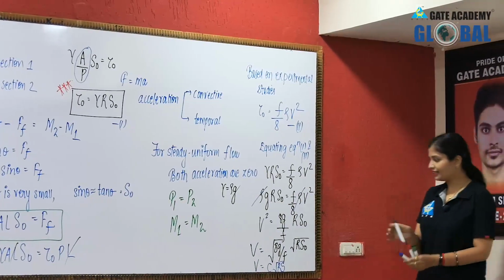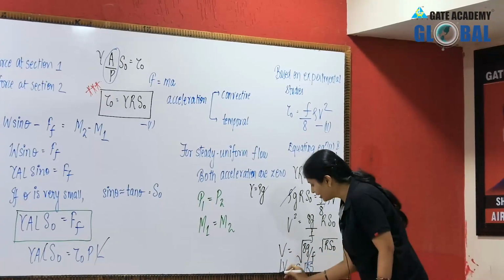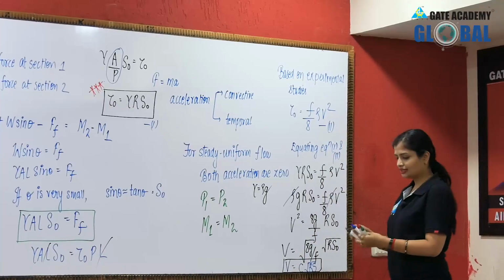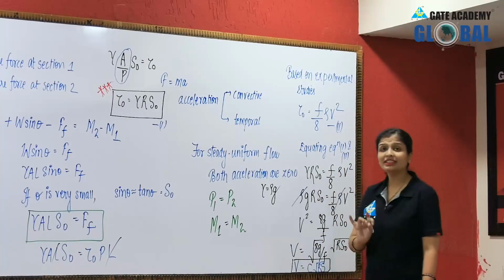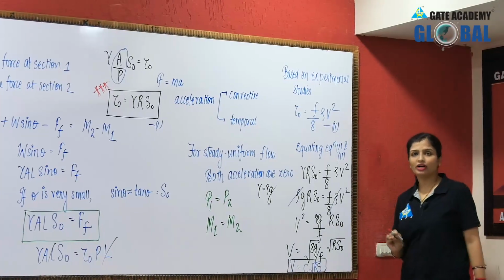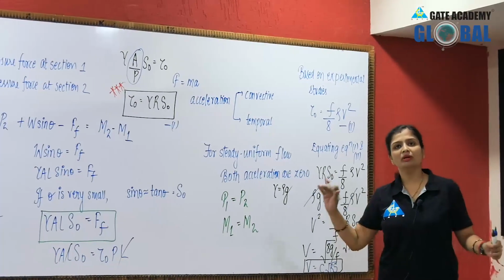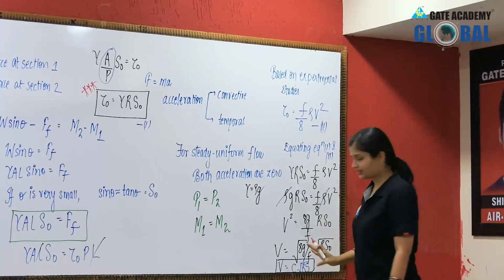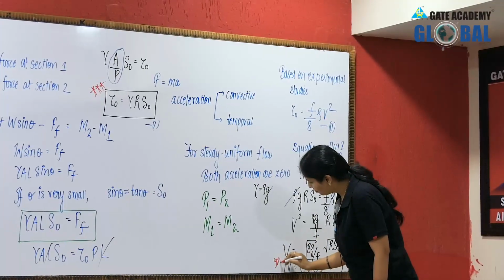This is basically your Chezy's equation which you will use. This is important. Whatever things I am marking in block, you also please mark in block. As I told you earlier, at the last moment when you will be turning the pages, at least you should memorize these things. So this is important.